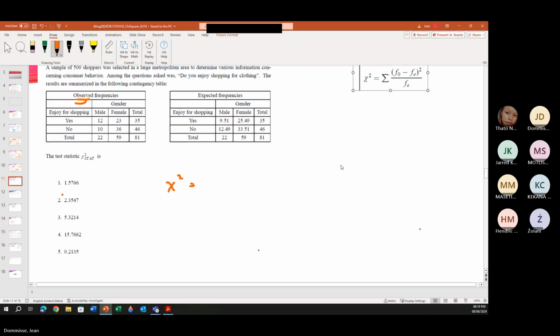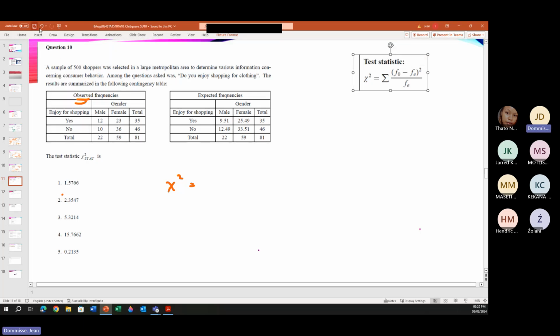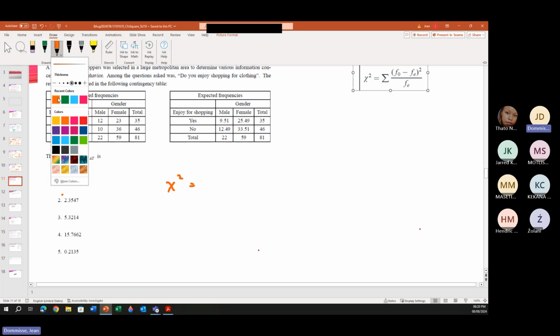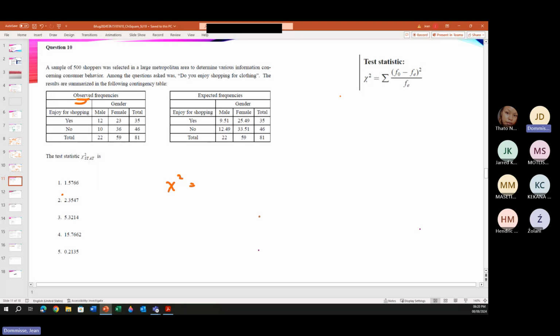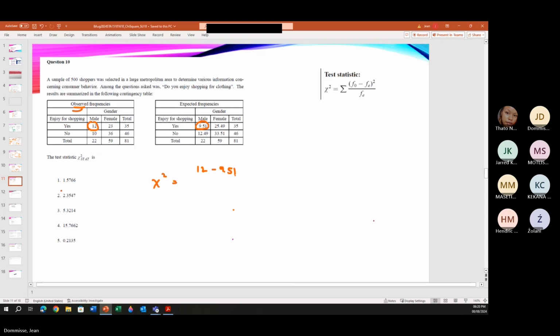So that is what we will need to work out. We have the observed value minus the expected, to the power of 2.